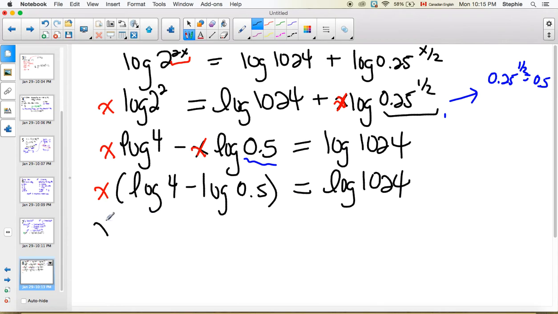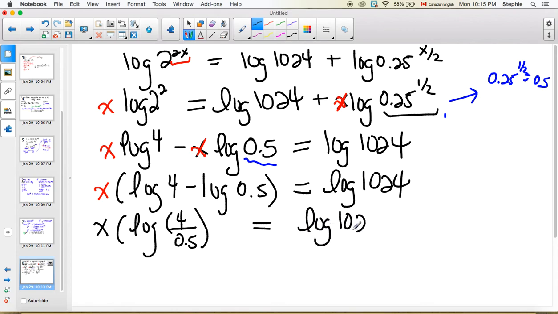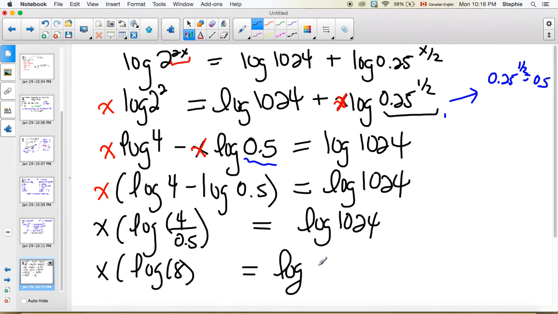At this point in time, I'm going to apply the properties and make this a single log. So it's 4 over 0.5 because a minus becomes a division, and then log of 1024. Now 4 divided by 0.5 is 8, so the log of 8 over the log of 1024.